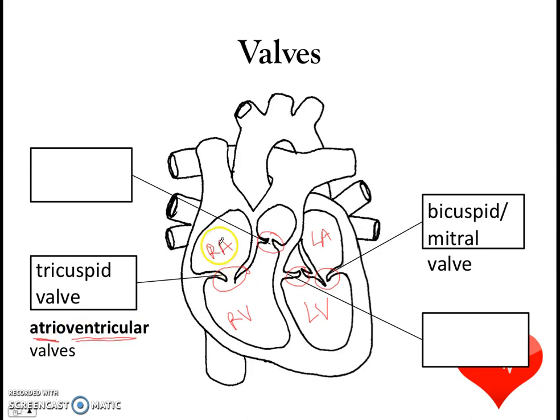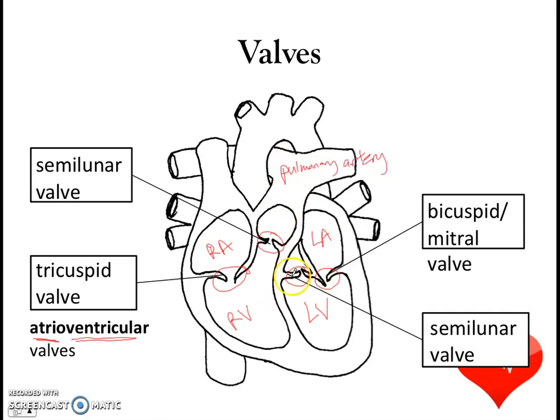Right? Both of them lie between an atrium and a ventricle. So they're called atrioventricular valves. Alright, so that leaves us with these 2 other valves here. These 2 other valves are called the same thing. They're semilunar valves. Okay, so you can see there's one semilunar valve in the pulmonary artery. Okay, and there's one semilunar valve in the aorta, right, going out of the aorta.